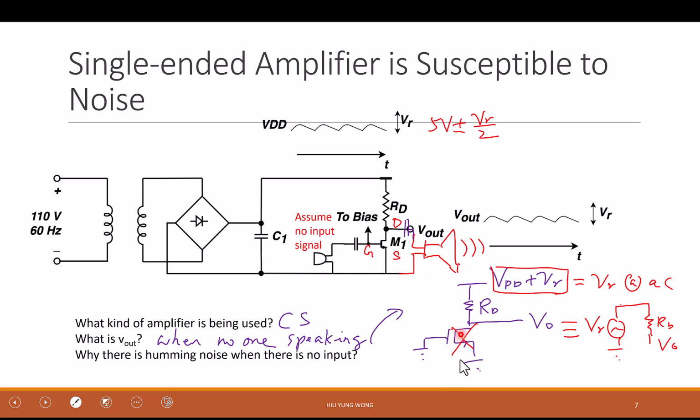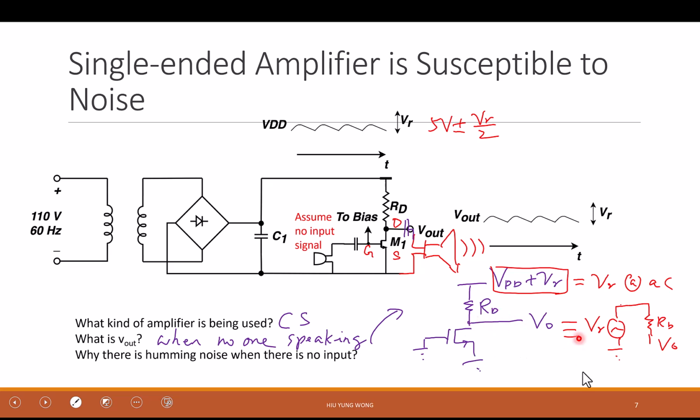Maybe I should not cross it, but what I'm trying to say is there's no signal coming from this transistor. Let me not cross it, because someone may feel that this is off, but it is not off. It is still in saturation, just no signal coming in, right? But I don't have an AC signal coming in, so it's not going to affect the output.